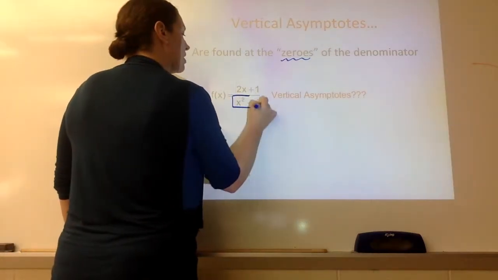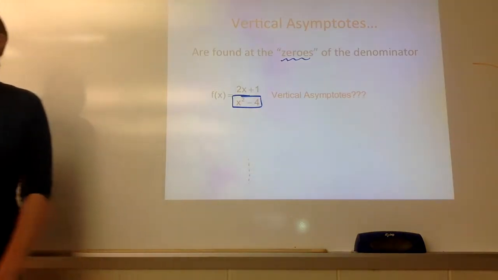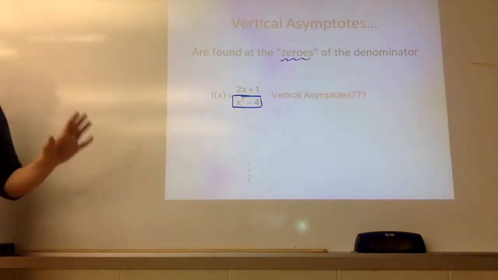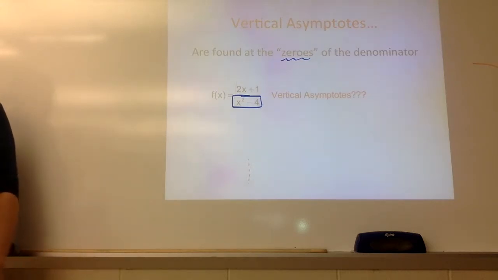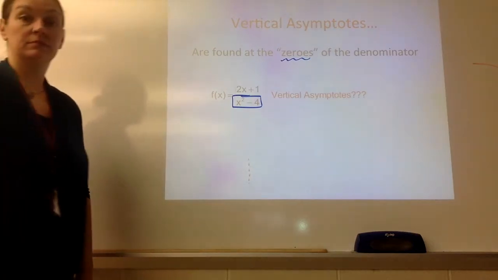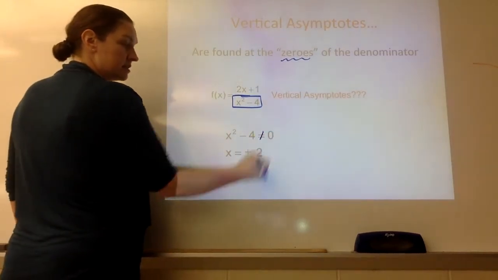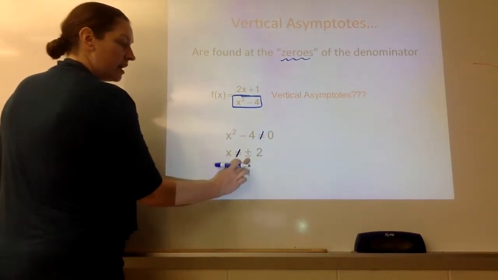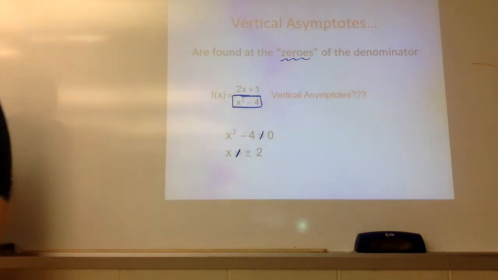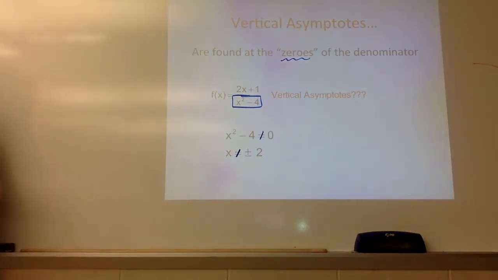They are what violate the denominator, what are not included in the domain. So if I look here, what values of x can x never ever take on because it will violate the denominator? 2 and negative 2. I'm going to cross the equal sign out and make a do not equal sign, because I want to reinforce the fact that the denominator can never ever be 0.